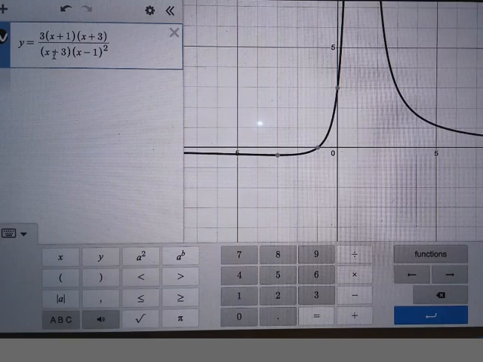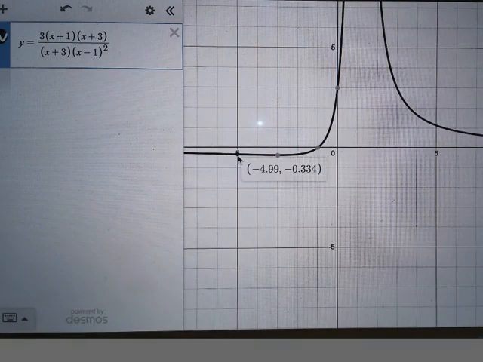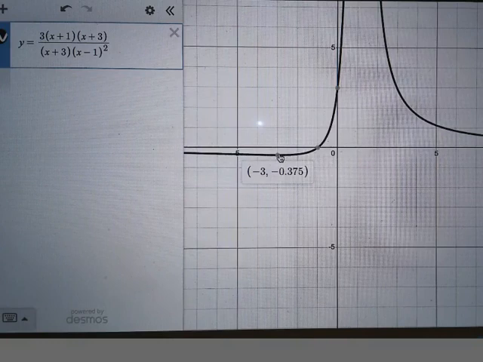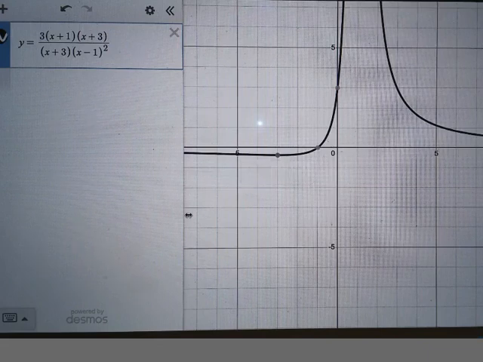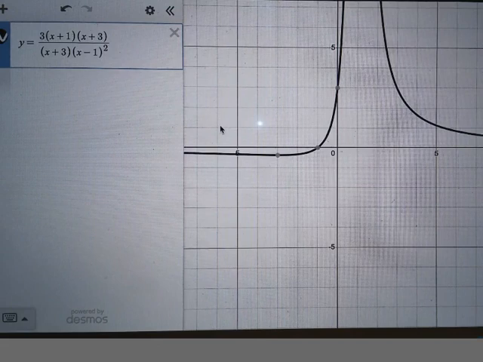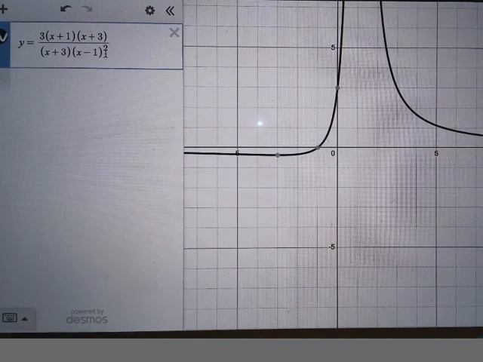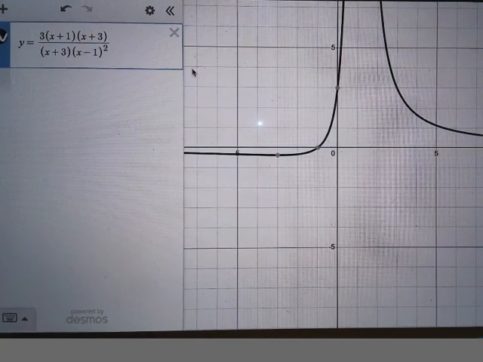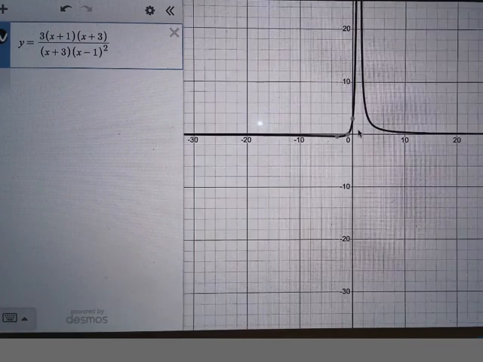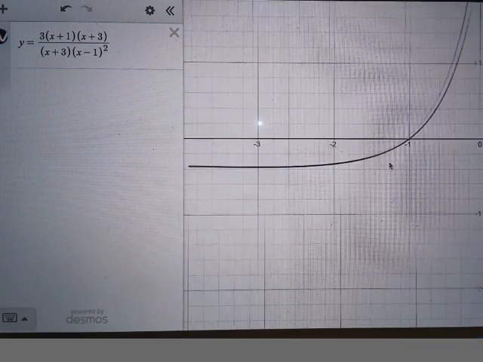What has happened? Well, you can see that those would probably cancel out in this problem. But what's going on in the graph? So I'm going to put my cursor on this, and follow the line to negative 3. And this is not doing what I expected. Let's see, what did I do wrong here? x plus 3, x plus 3. It should be at minus 3.